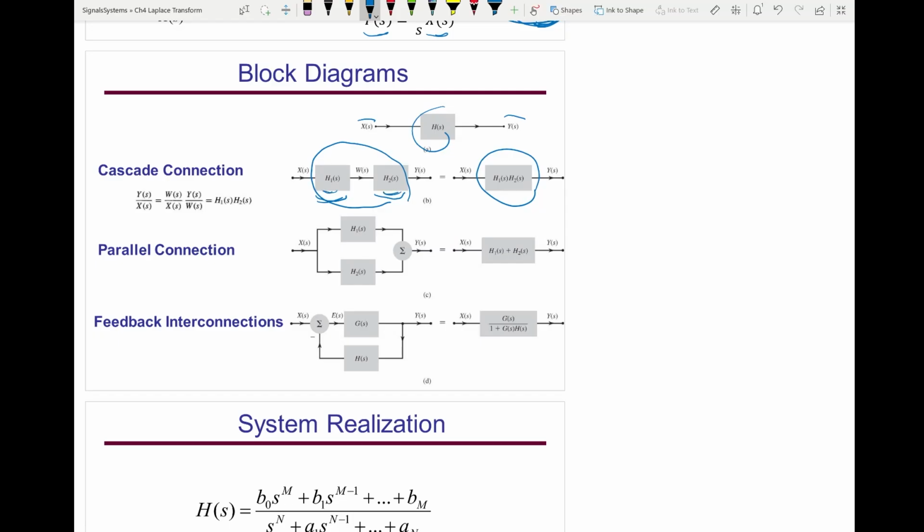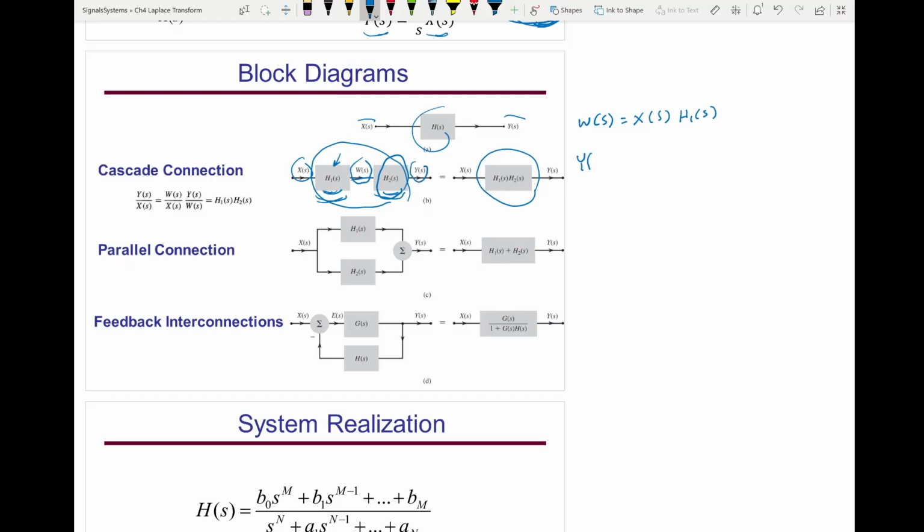And it's easy to derive these. The output w of s of this subsystem is just the input x of s times the transfer function h1 of s. Now for the subsystem h2 of s, the input is w of s and the output is y of s.